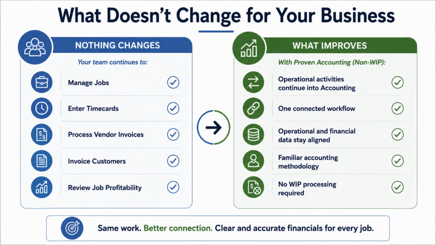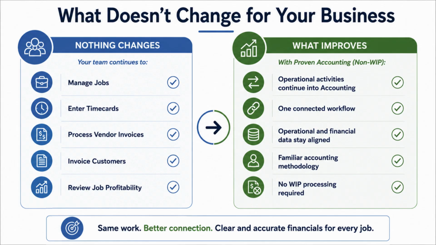For organizations that don't currently use work in process accounting, non-WIP provides a familiar accounting methodology while allowing you to take advantage of that deeper integration between operations and accounting. Rather than changing both your accounting platform and your accounting methodology during your implementation, non-WIP allows many organizations to adopt Proven Accounting while continuing to use an accounting approach you're already familiar with.